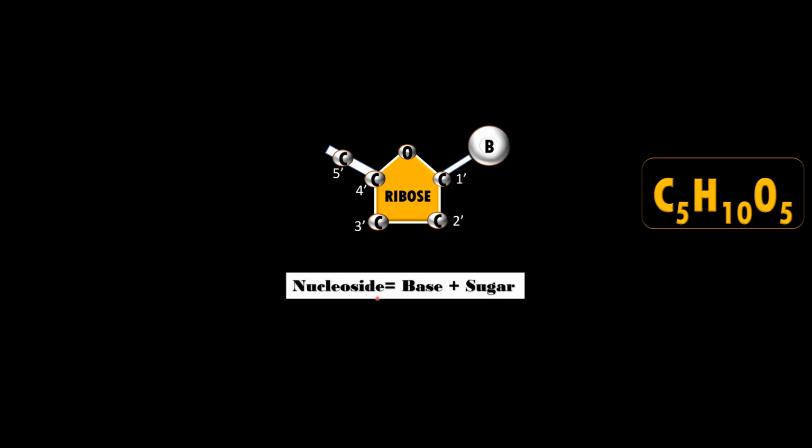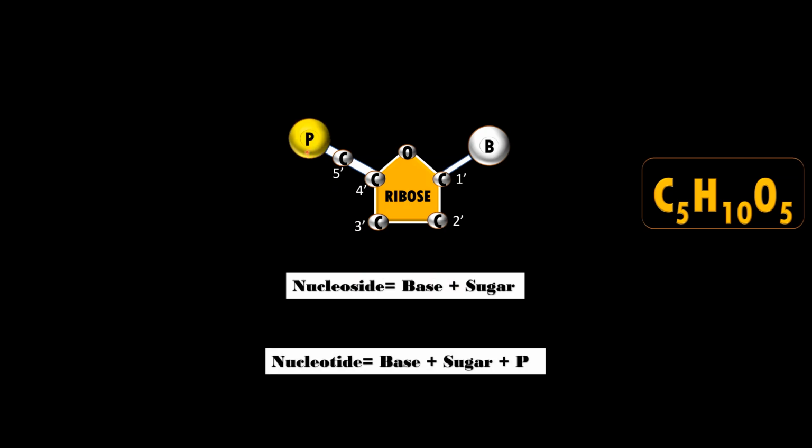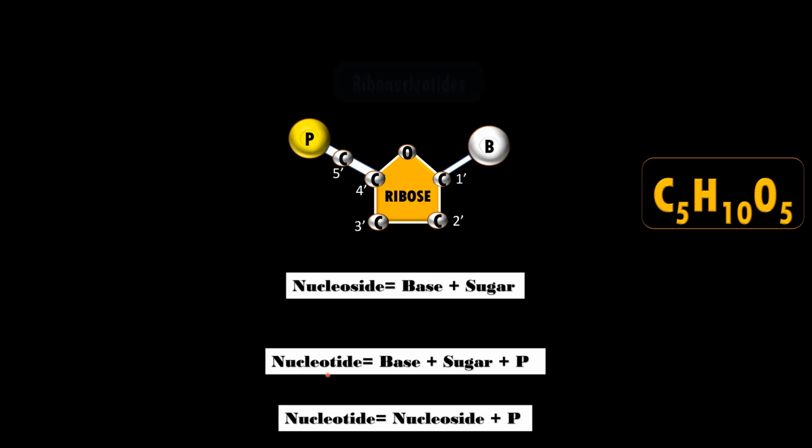Now, when we attach base to the sugar, it is called nucleoside. So, a nucleoside is base plus sugar. Students, when we attach phosphate group to the 5 prime carbon, it becomes base plus sugar plus phosphate. It is now called nucleotide.